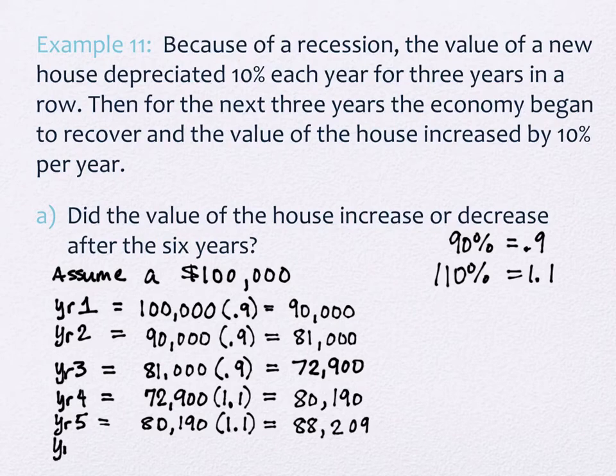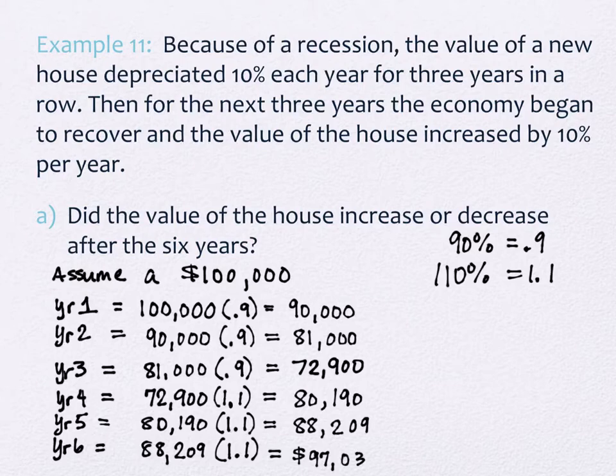Okay, last year, year 6, I'm starting at 88,209. And I'm multiplying again by another 1.1. Where will that put me? 97,000. And let's go ahead and round to a whole number for the purposes of what we're doing. Houses, prices, it's whole number stuff. So yeah, if we're rounding to a whole number.